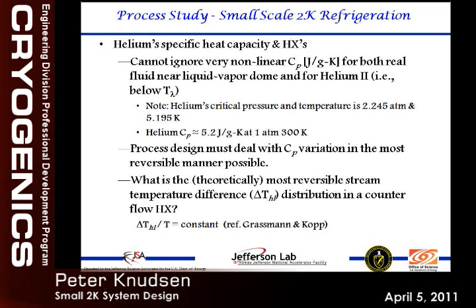You'll see this both in the graph that I'll put up in a minute and also in heat exchanger cooling curves, which we'll discuss later. But the bottom line is we can't assume a constant Cp. That would lead to a wrong solution. So we do look at the real Cp behavior in the heat exchanger calculations.